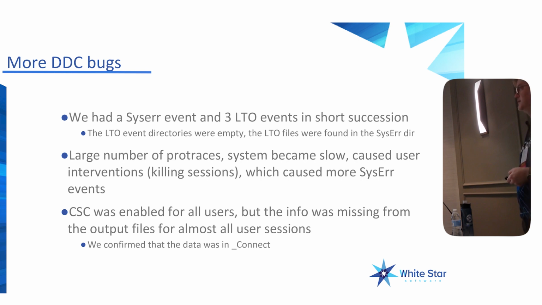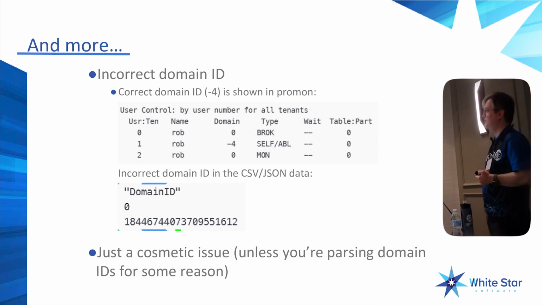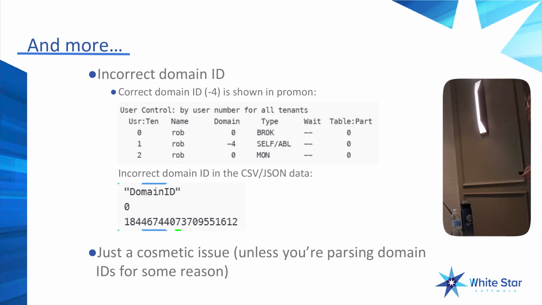But when that was output, we got this 20-digit number. So I suspect that was treating a signed integer as an unsigned. And so the effect is it just wrote more data into the file than it should. So unless you're parsing domain IDs for some reason, that's not going to affect you. It's really just a cosmetic issue.